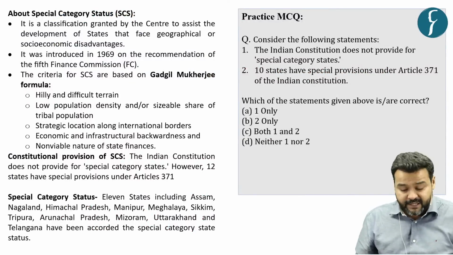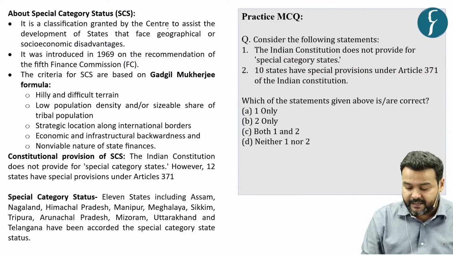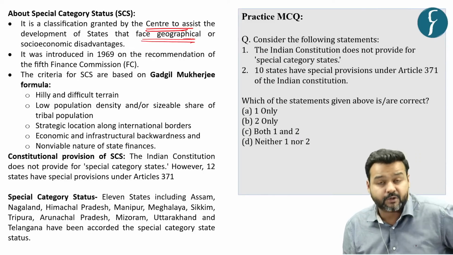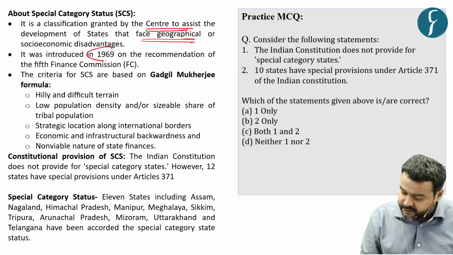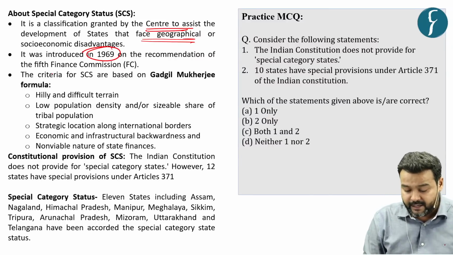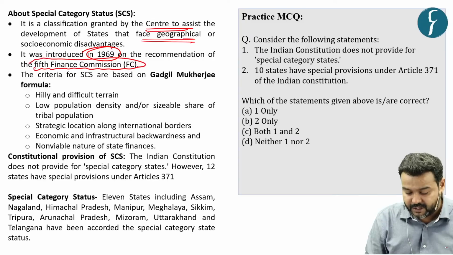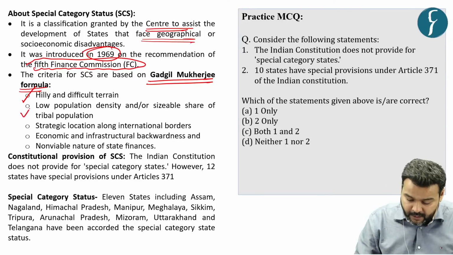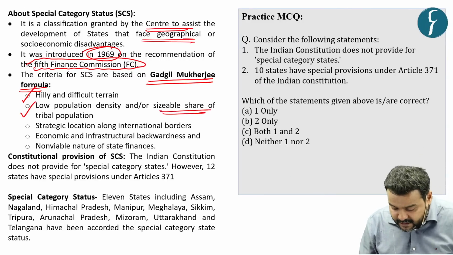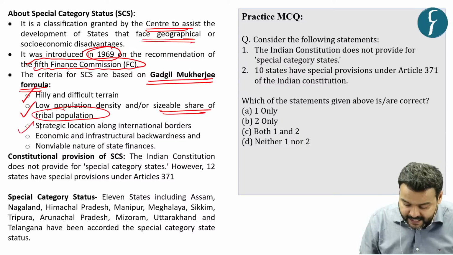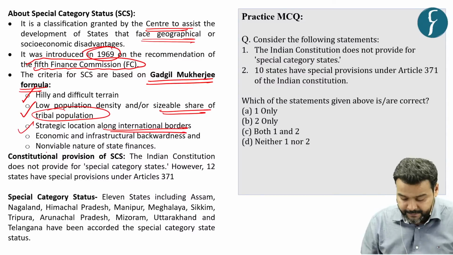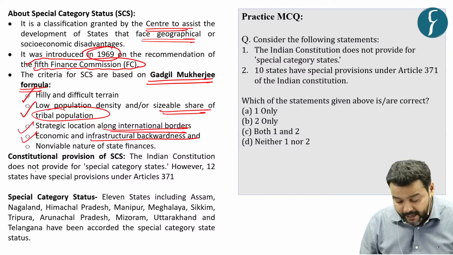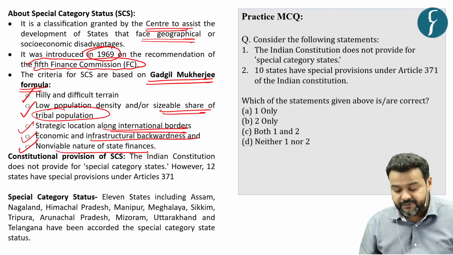So what is it? It is a classification granted by the Center to assist the development of states that face geographical or socioeconomic disadvantage. First introduced in 1969 on the recommendation of the 5th Finance Commission, and the criteria were set by the Gadgil Mukherjee formula: hilly and difficult terrain, low population density or sizable share of tribal population, strategic location along international border, economic and infrastructural backwardness, and non-viable nature of state finances.